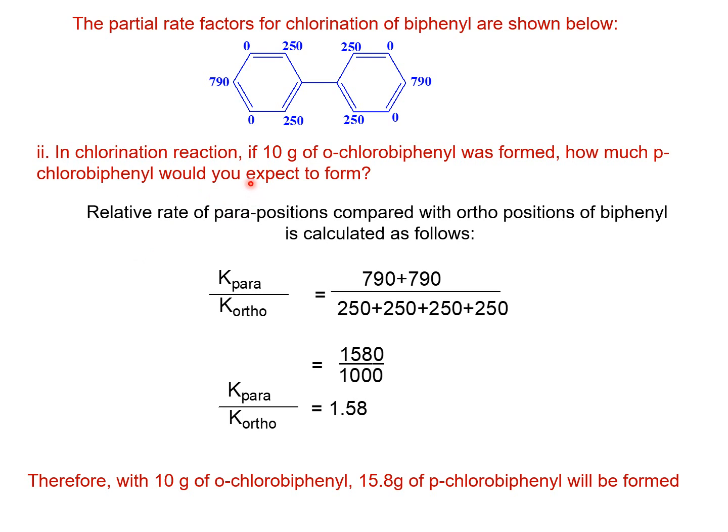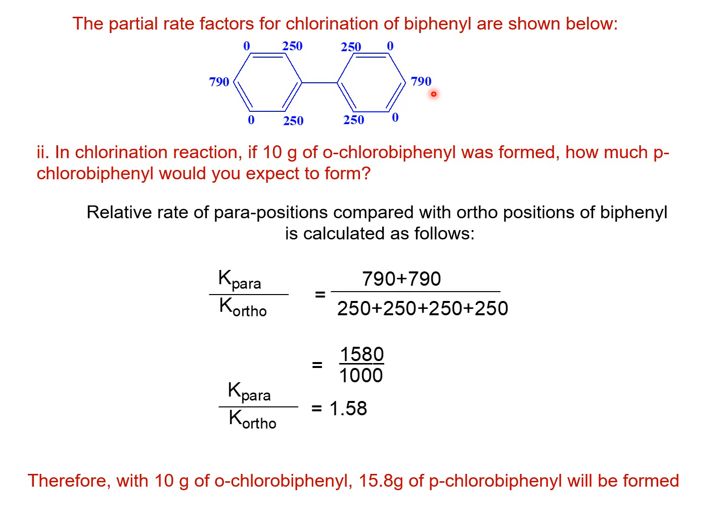In continuation with the chlorination reaction of biphenyl. If 10 gram of orthochlorobiphenyl was formed, how much parachlorobiphenyl would you expect to form? So you have to concentrate on the partial rate factor for ortho positions and para positions.